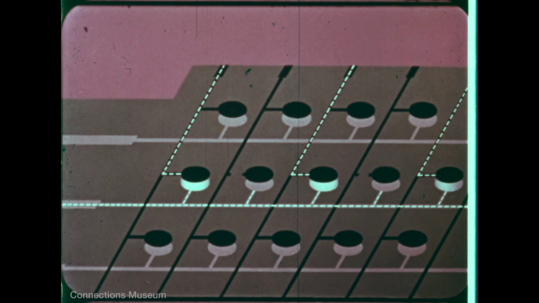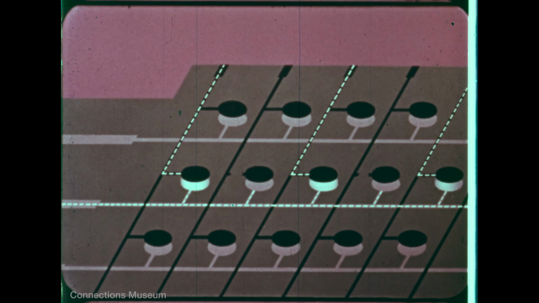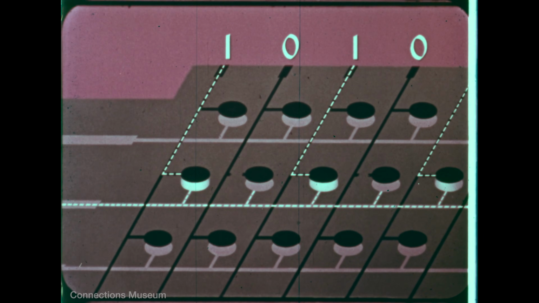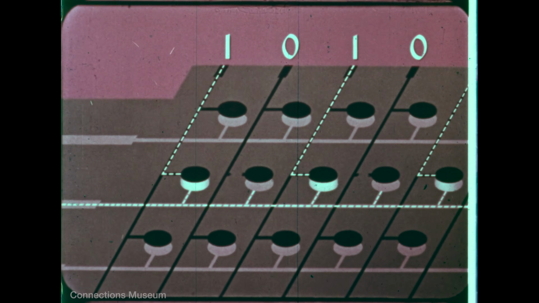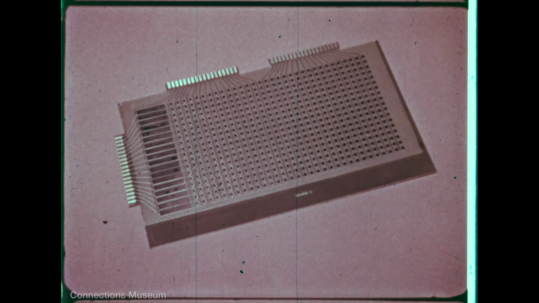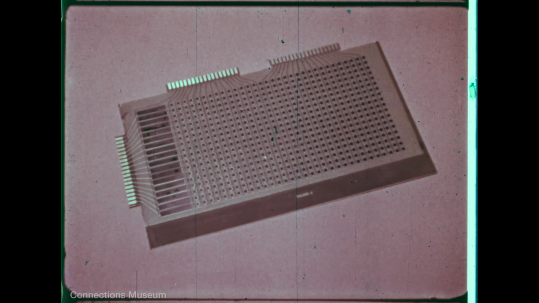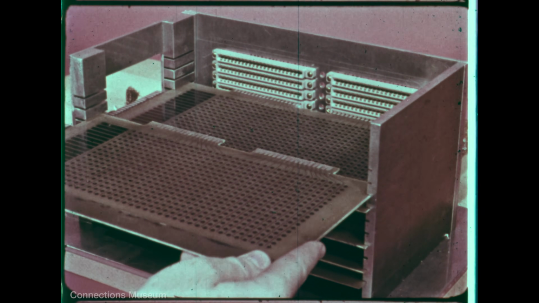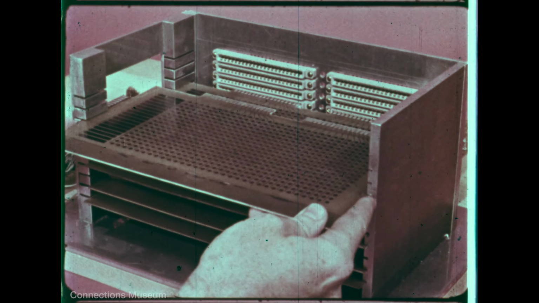A voltage appearing on a vertical electrode indicates a 1 is stored, and the absence of a voltage, a 0. Access time for reading a stored word is less than 3 millionths of a second. This sheet contains 18 by 32 positions and is stacked with other planes to store 3,000 18-bit words.